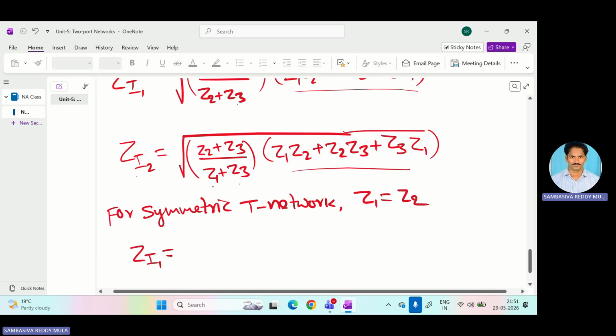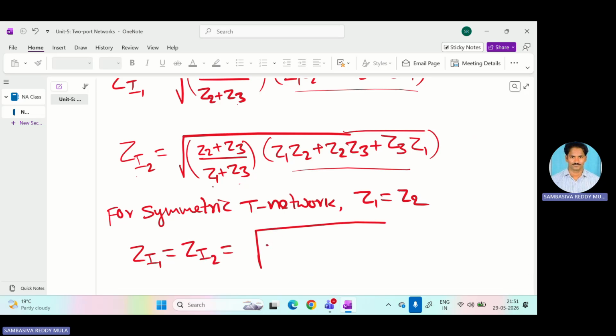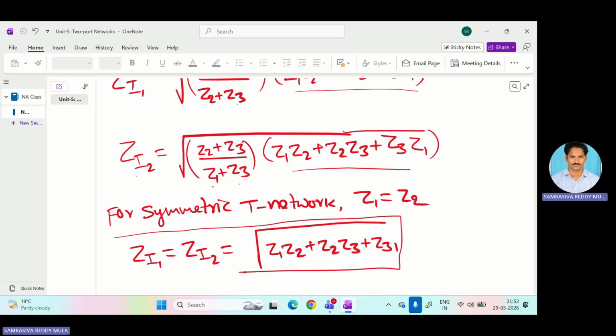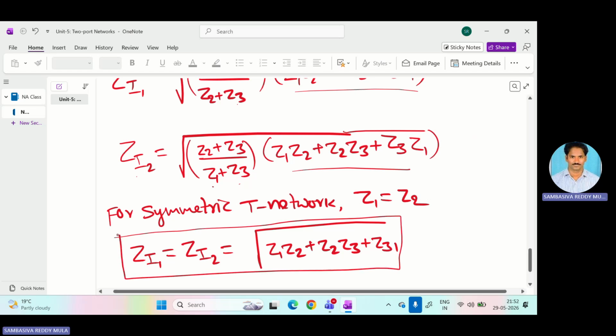Now the image parameters ZI1 equal to ZI2 are the same as the iterative impedance, the square root of Z1 Z2 plus Z2 Z3 plus Z3 Z1. What about this ratio? Here Z1 is equal to Z2, so it gets cancelled. So these are the image impedances of a given two-port T network. Thank you.